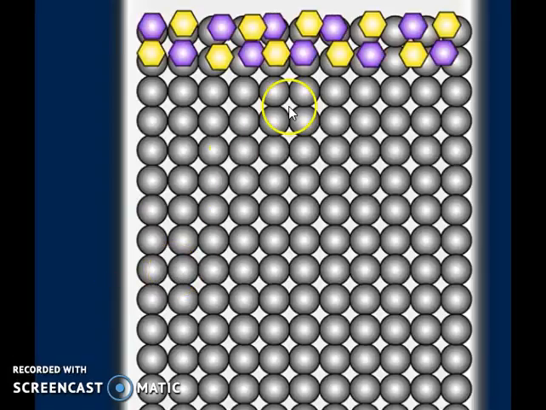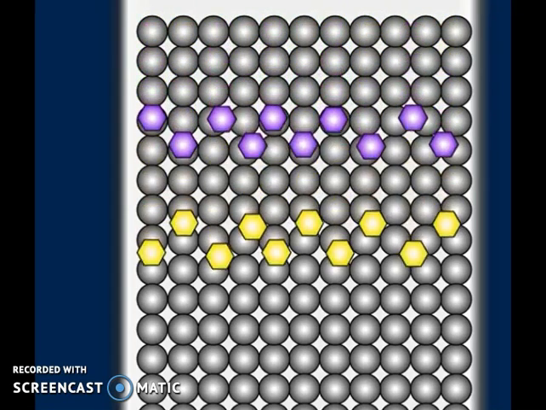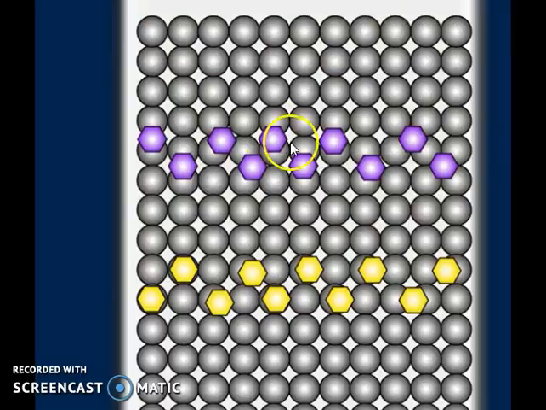Then as I add in the sample on the top of the column, as you can see, with constant addition of mobile phase, I will start to see some separation. So as you can see, the first pigment and the second pigment have differential affinity.